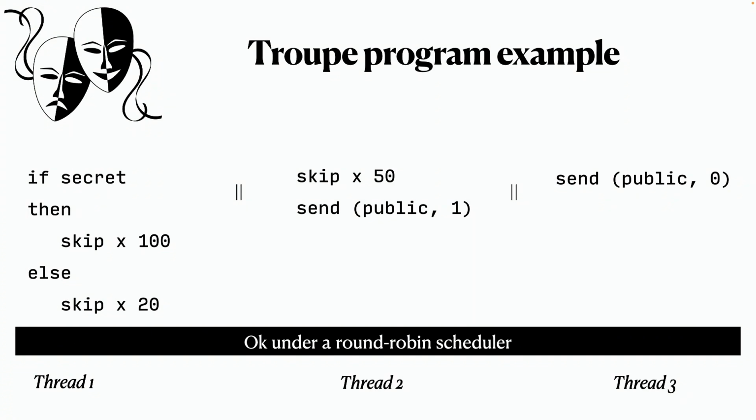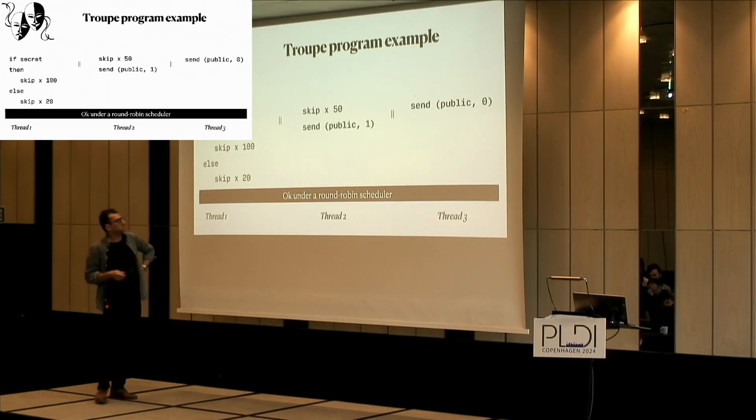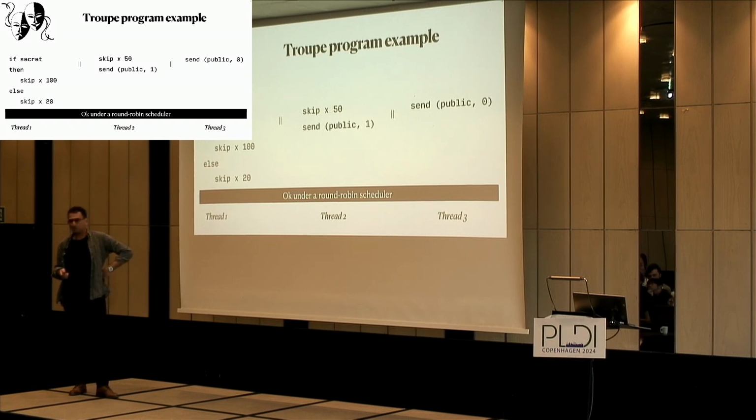If you consider implementing a scheduler that implements this abstraction, and the scheduler is round robin, this is A-OK. I implemented the scheduler, and at first it was A-OK.